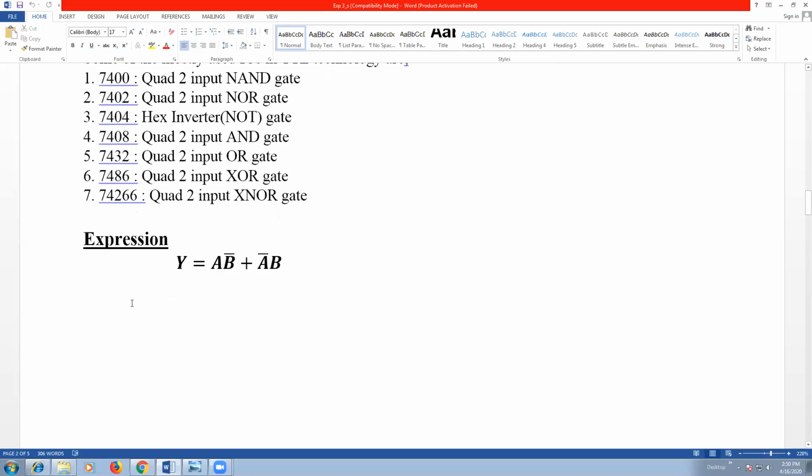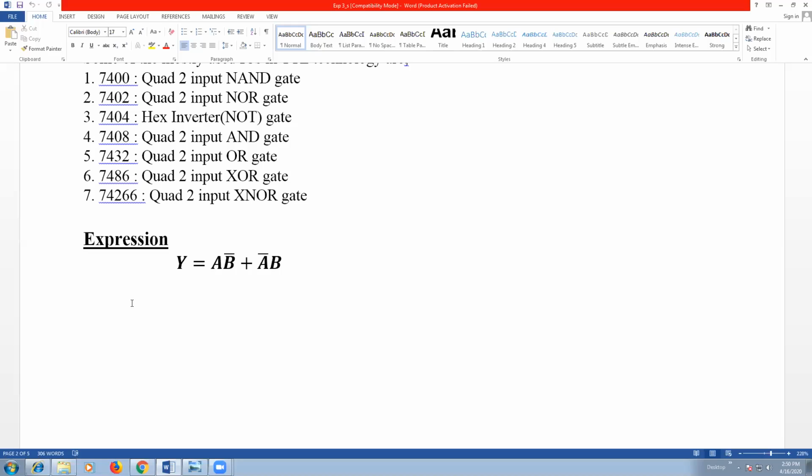And here we shall make a circuit of the XOR function by taking 3 types of gates.